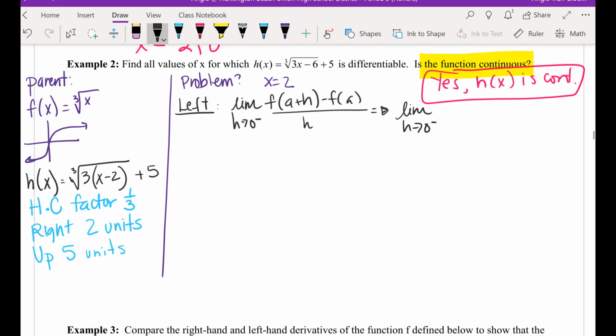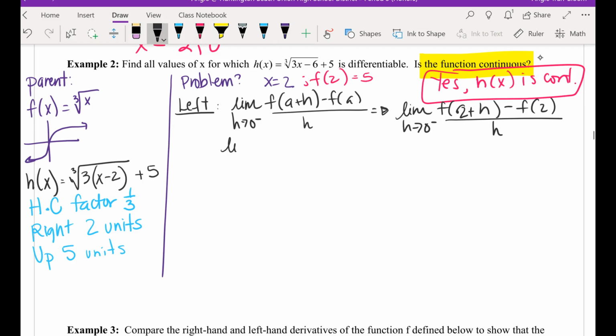So h approaches 0 from the left, f of 2 plus h minus f of 2. Did we figure out what f of 2 is? 5. So f of 2 equals 2 times 3 is 6, 6 minus 6 is 0, so it's just 5. Beautiful. Let's plug it in.